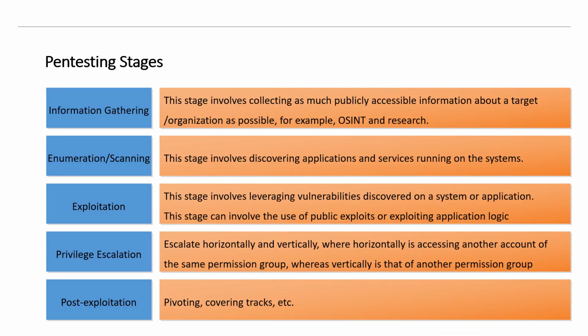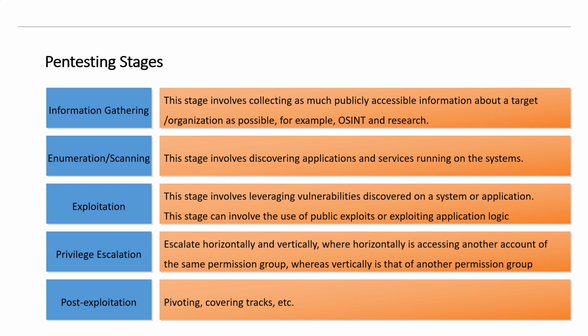And how many stages are involved in normal pen testing? There will be five stages in total. The first one is information gathering. At this stage, we need to collect as much publicly accessible information as possible about the target organization.